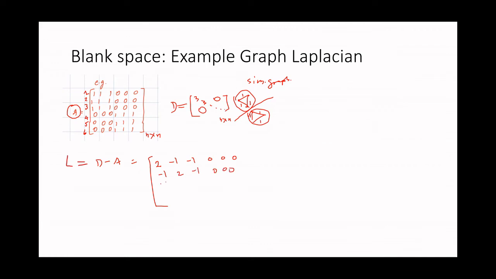And then you will have minus 1, 2, 0, 0, 0. Then you have 0, 0, 0, 2, minus 1, and so on. So you have this block diagonal form. You have this block here, and then you have this block here for cluster 1. All of this is 0.